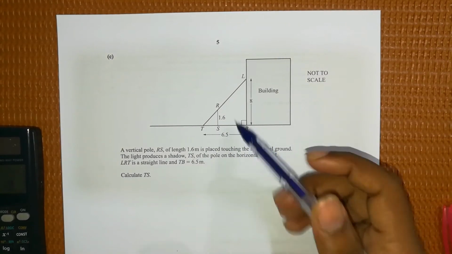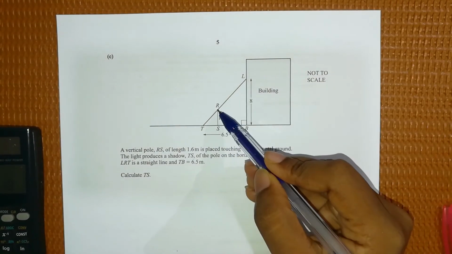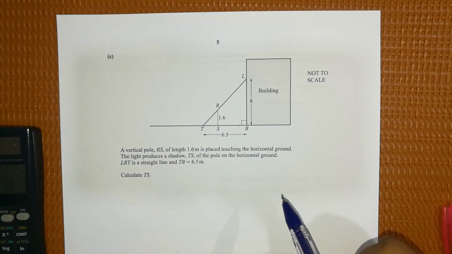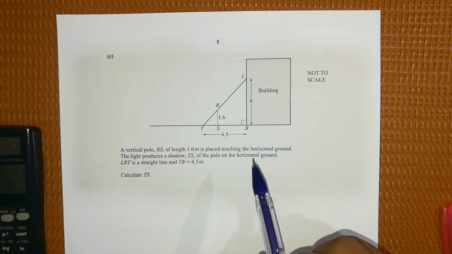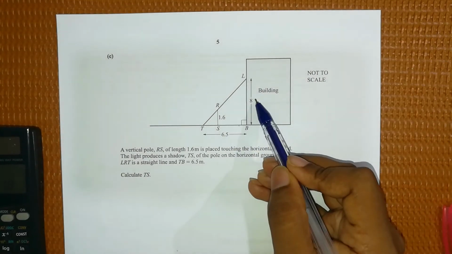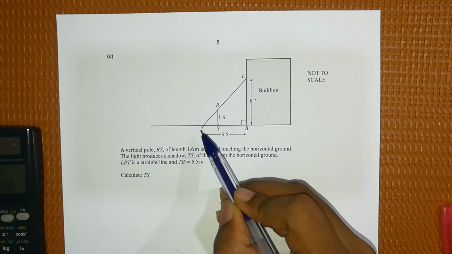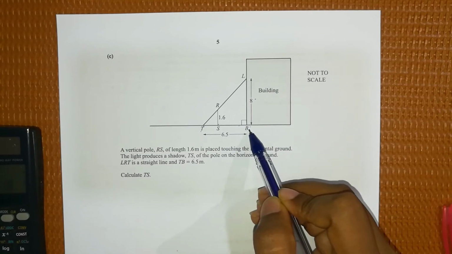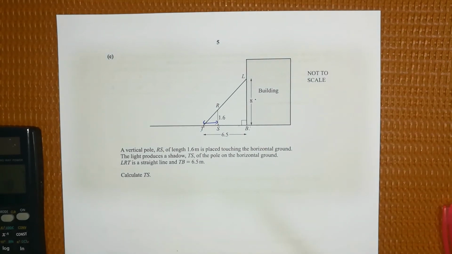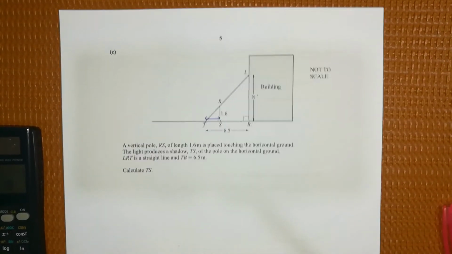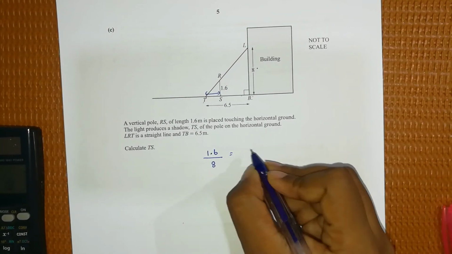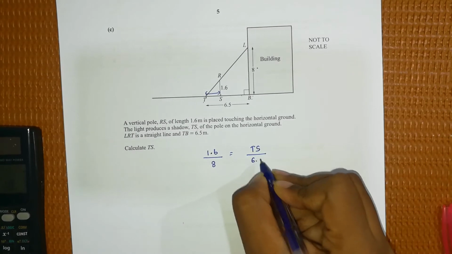In this case, these two triangles, the smaller one TRS and TBL, are similar triangles. That means we have to consider the ratios between the corresponding sides. So these two are the corresponding sides, and here TS and TB are the corresponding sides. So when I write the ratio, it is 1.6 over 8 is equal to TS over 6.5.